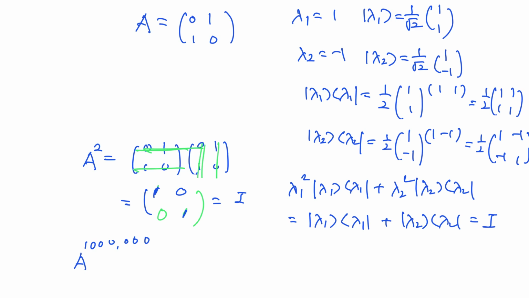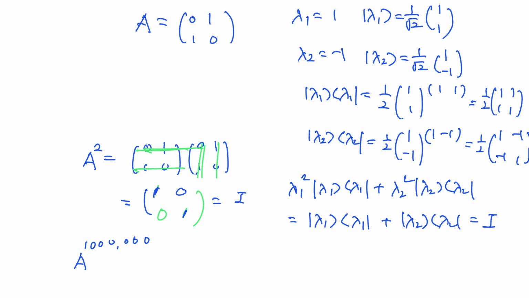So if you do not know the spectral theorem, what would you do? Just assuming that you do not have any knowledge about the spectral theorem, and if I ask you to calculate A to the 1 million, you simply calculate it a million times, right?